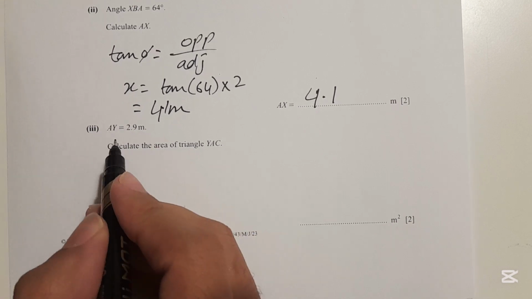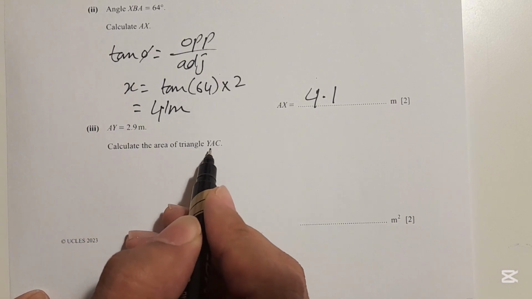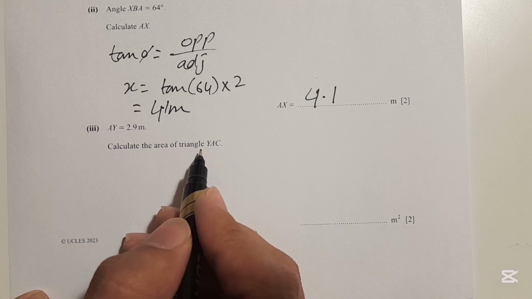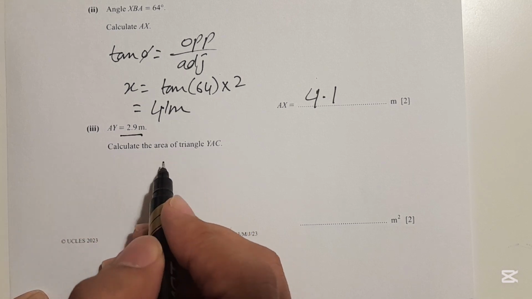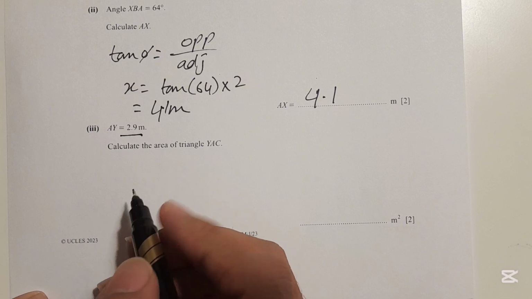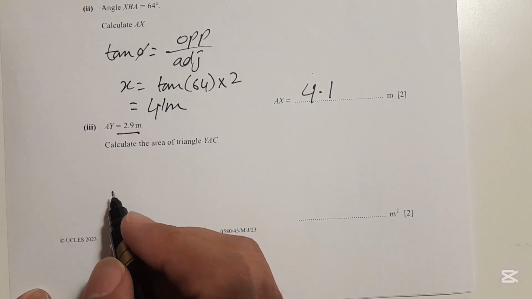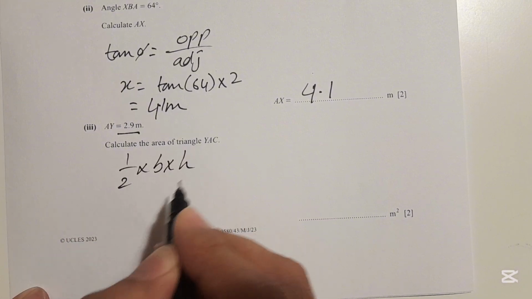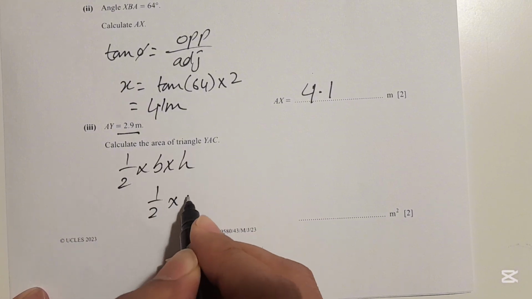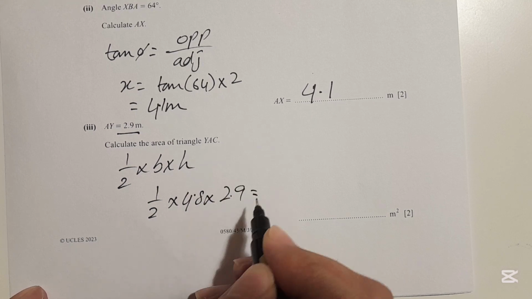Part 3 states AY is 2.9. Calculate the area of triangle YAC. Now we have AY as 2.9 and AC as 4.8. We have the base and height, so we can use the area formula, which is 1 over 2 times base times height. 1 over 2 times base 4.8 times height 2.9.